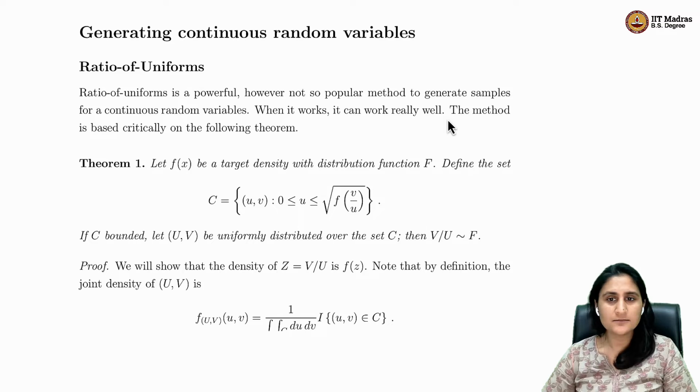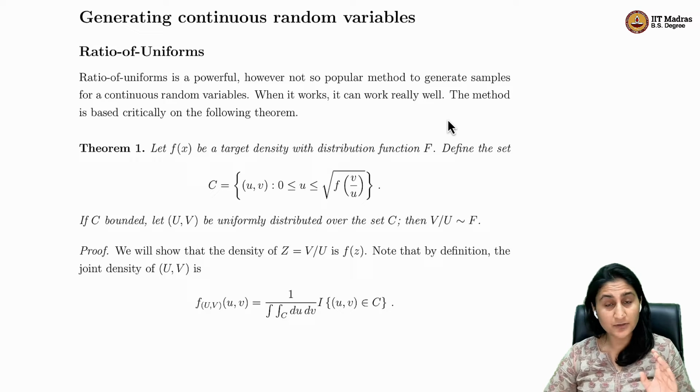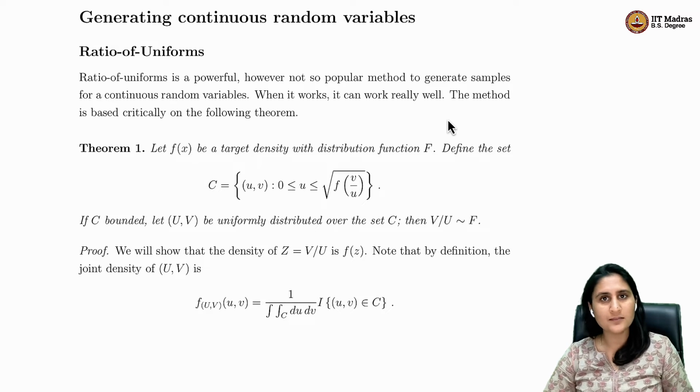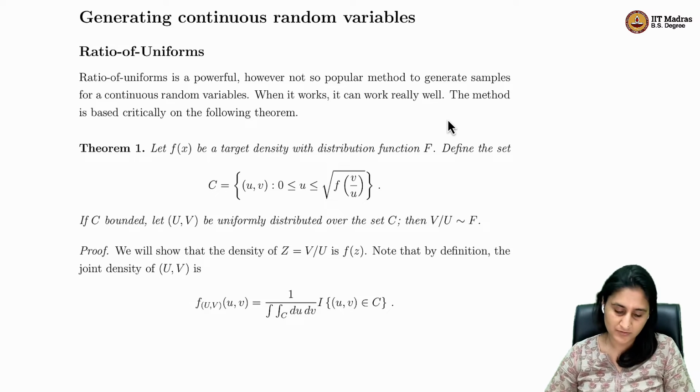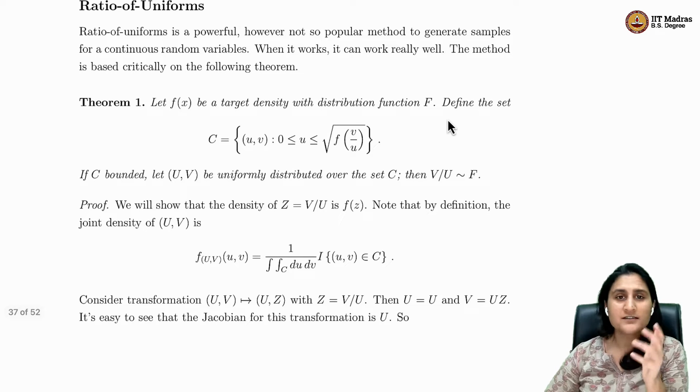The main ratio of uniforms method depends very critically on a theorem, and we're actually going to go through the details of the theorem and the proof as well, because it really gives us some insight into what's actually going on. Okay, so here is the theorem.